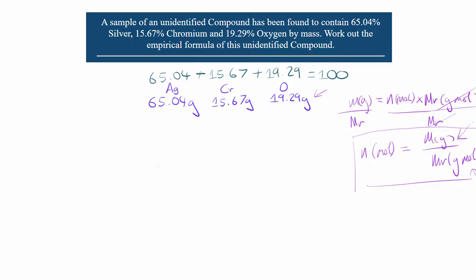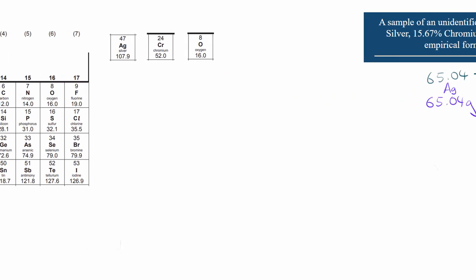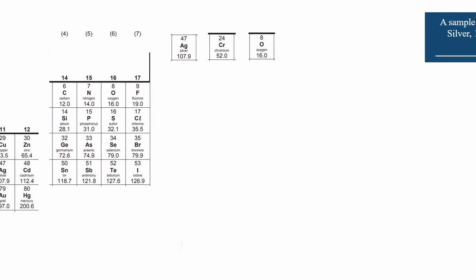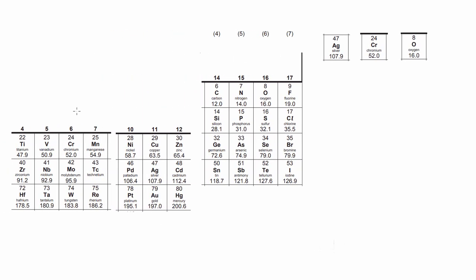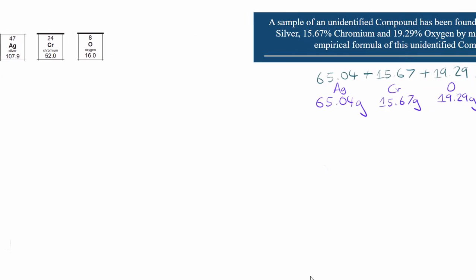I've got some excerpts from the periodic table here, some of the relevant excerpts, and as you can see, we've got silver, Ag, with its relative atomic mass, then Cr, and oxygen. Just for convenience, I've got them listed over here as well, but let's list these next to our question.